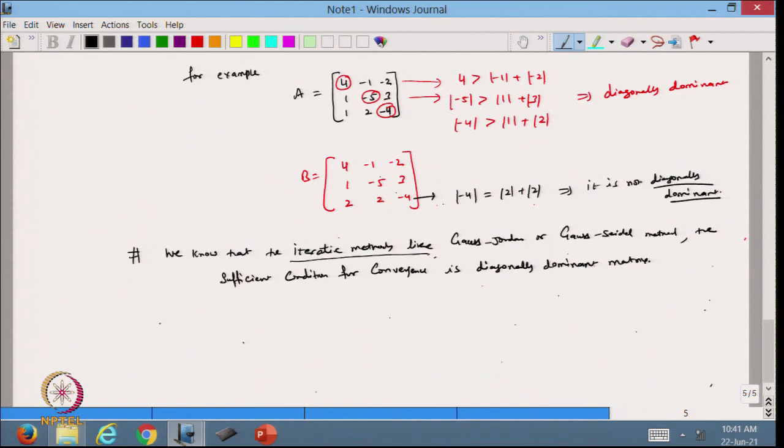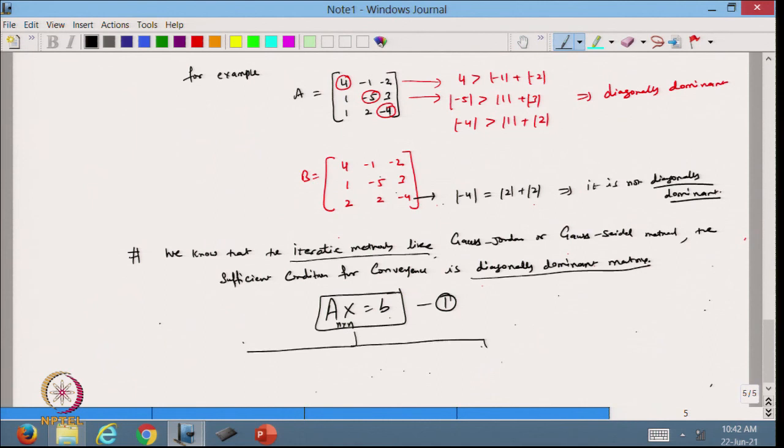So, for iterative methods like Gauss-Jordan or Gauss-Seidel, we know that the sufficient condition for convergence is that the matrix should be diagonal dominant. It means we have a system Ax = b of n equations in n unknowns. I know that this type of system can be solved, for example, with Gauss elimination, which we have done.